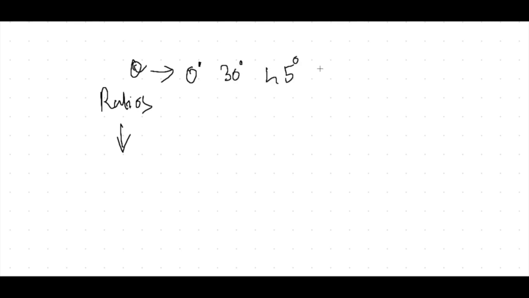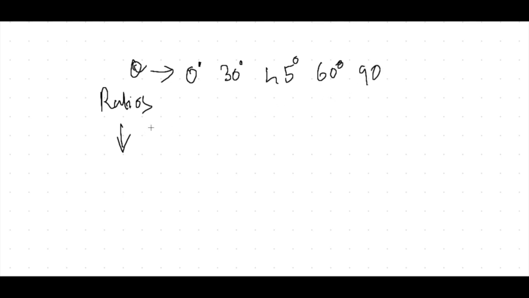So coming to the table, the theta on the side and ratios on this side. So the first angle, which is the theta, is 0 degree, then comes 30 degree, 45, 60, and 90.